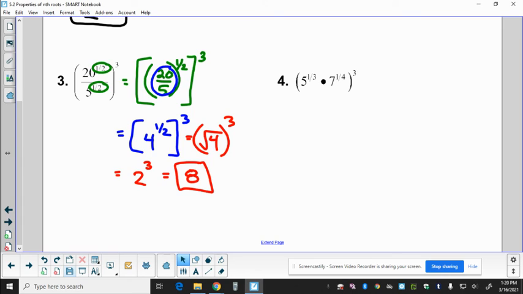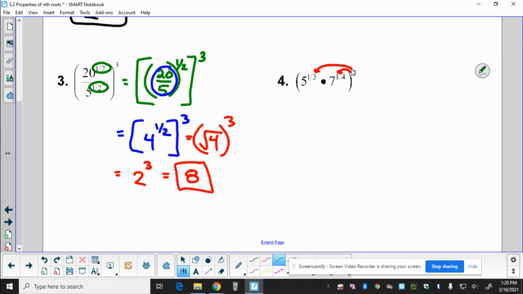Okay, take a close look at that. I don't see the same bases. I don't see the same exponents. So what I'm going to do is a power of a power rule. I'm going to multiply the exponent. I'm going to rewrite this.